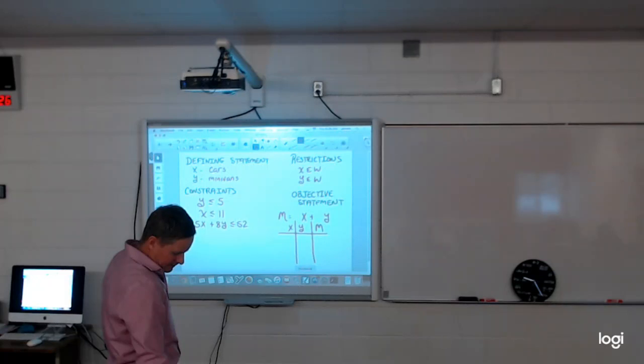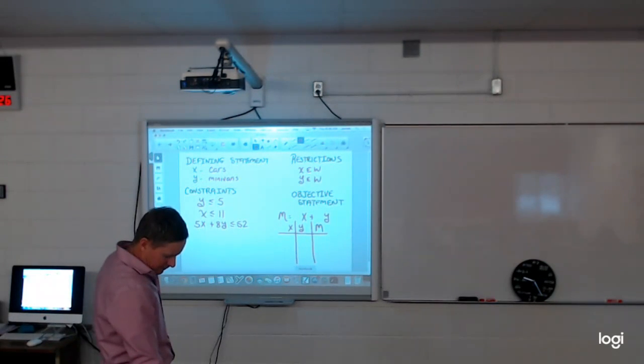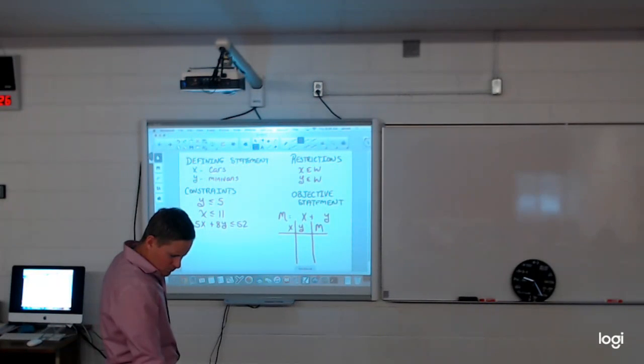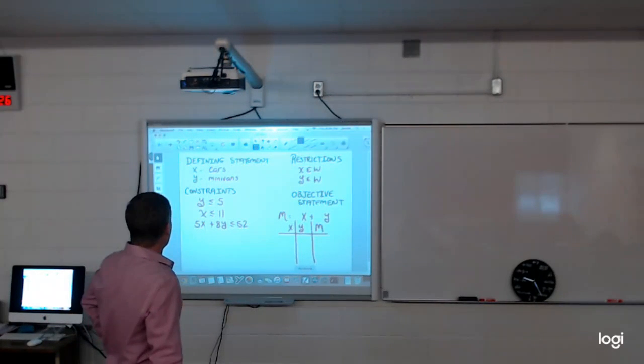So 5 times cars plus 8 times minivans. Everything looks right. Why is it not giving you the same thing as theirs? It's somewhere along the way we've got an error here. Where is it?